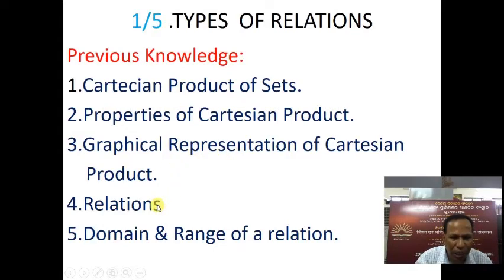And also we are acquainted with the definition of relations, and we know every subset of A cross B is a relation from A to B. If suppose set A has two elements and set B has three elements, then the number of elements in A cross B will be 2 into 3, that is 6. So the number of relations will be 2 to the power 6, because the number of subsets of a set containing 6 elements is 2 to the power 6.